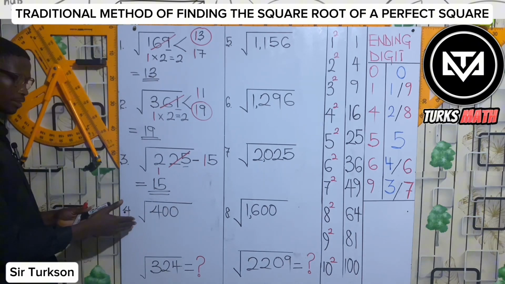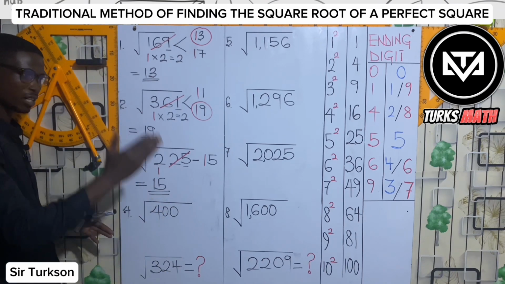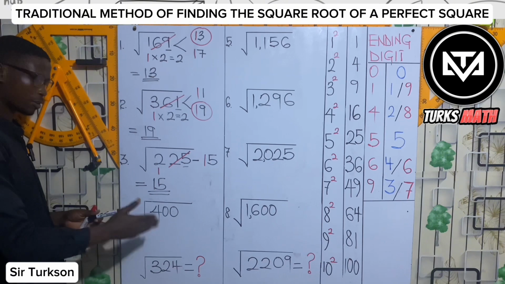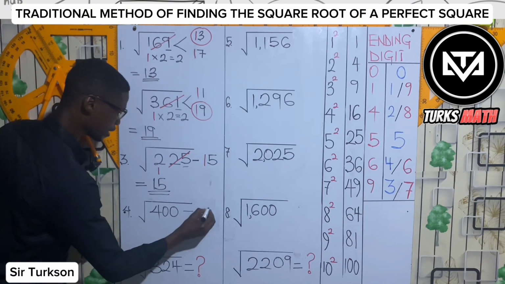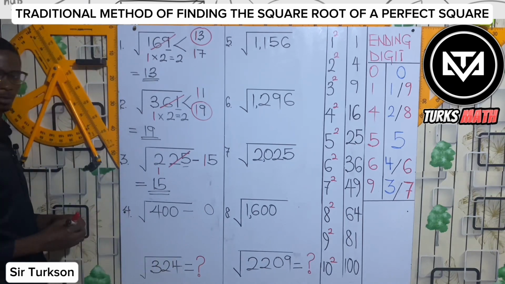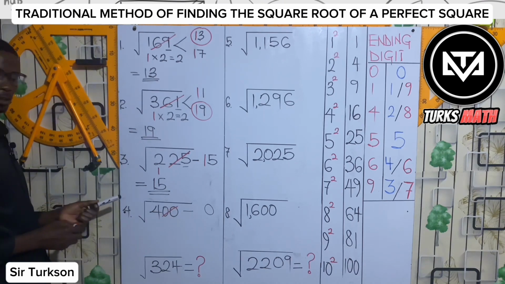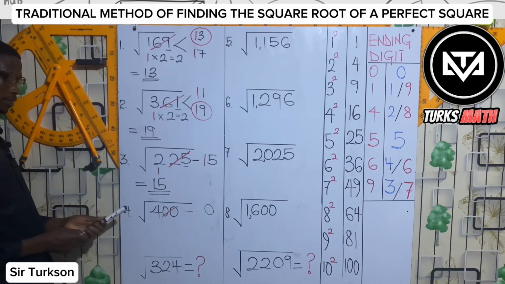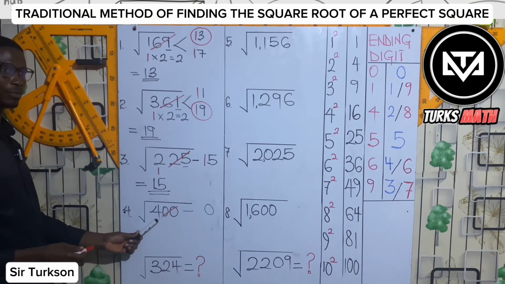Good. At the fourth one, you determine the last digit. I told you when it is 0 and 5, you're going to get one result. So with 0 and 5, you just put down your last digit, which is 0. Now, you rule out the two last digits. The next step is to find out whether the number here is a perfect square.